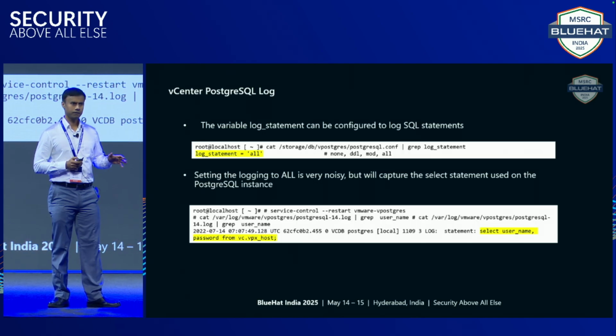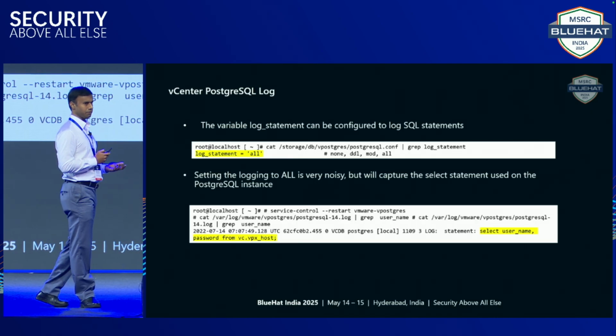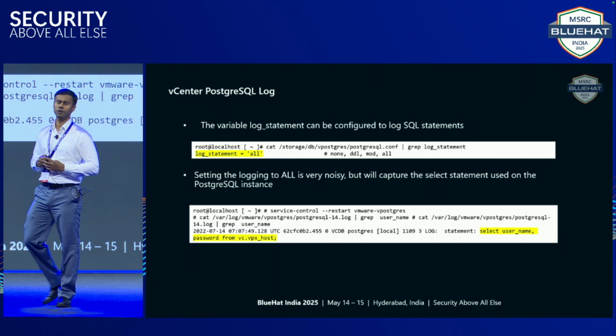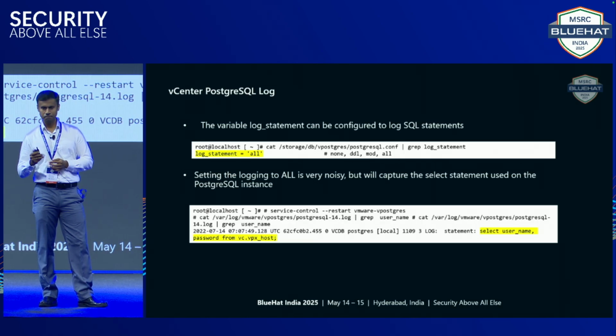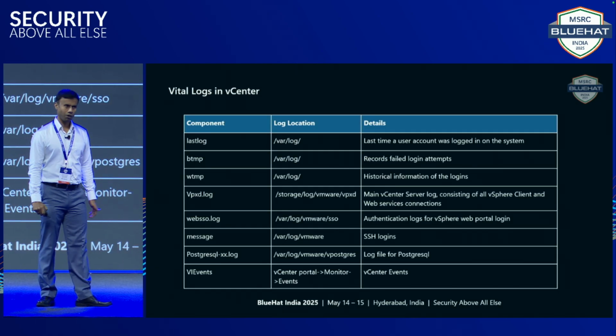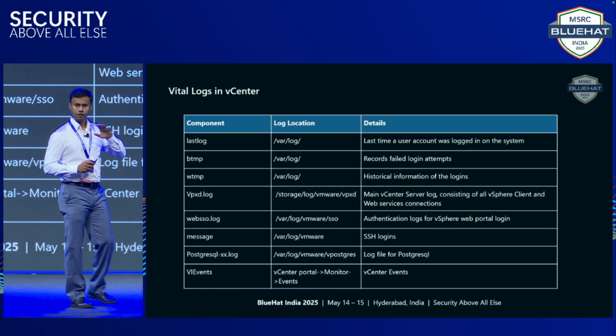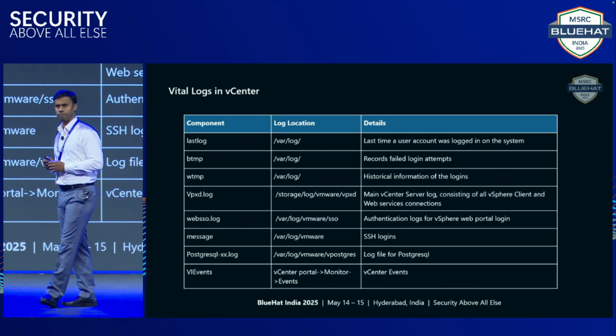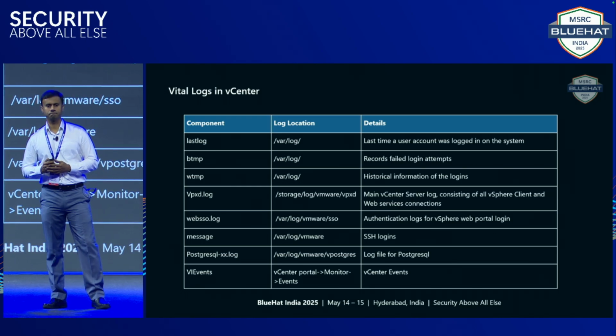So if a threat actor tries to retrieve the credentials from the database, that will also be recorded in this log. Again, this generates humongous logs and is a bit noisy. In addition to the PostgreSQL logs, you can also monitor these logs recorded in the vCenter. You can also leverage these logs for investigation purposes.